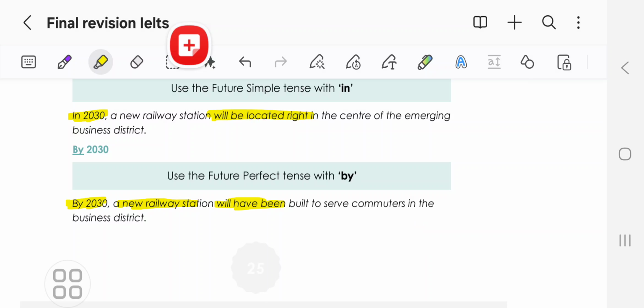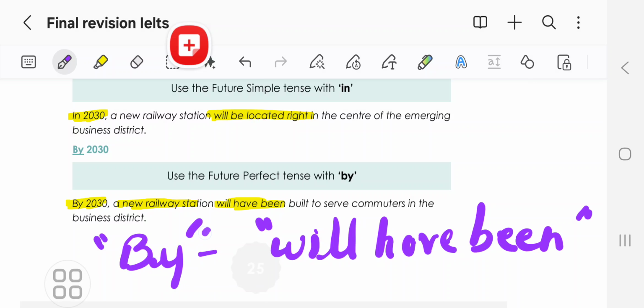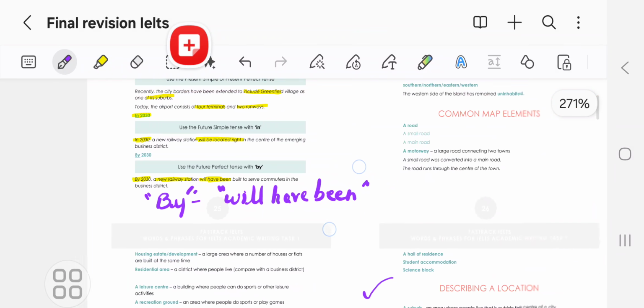So by means will have been. Whenever you are mentioning by, it's always accompanied by will have been. Okay, remember, this is the thing you have to remember. And then you will mention by that.